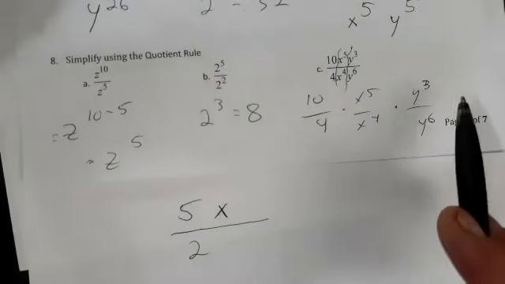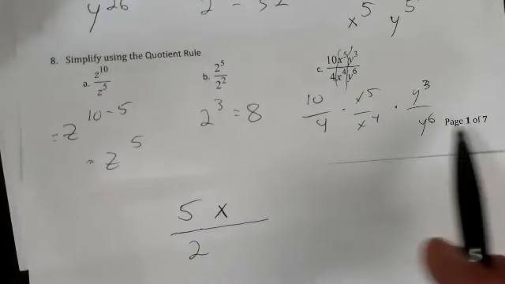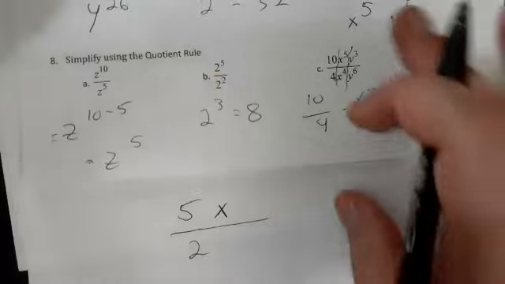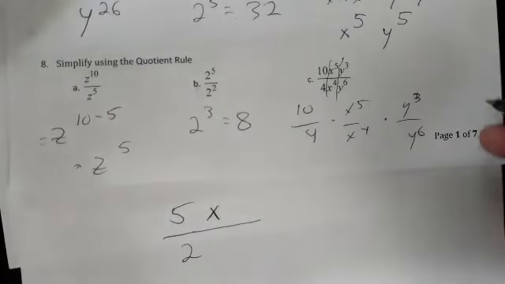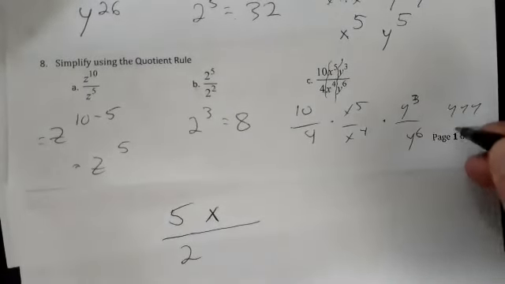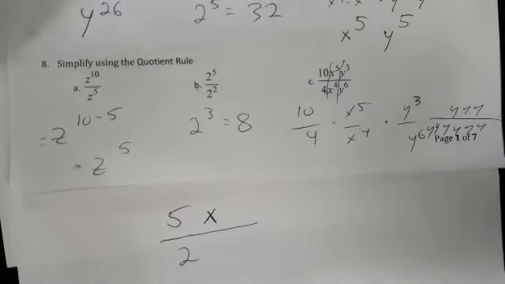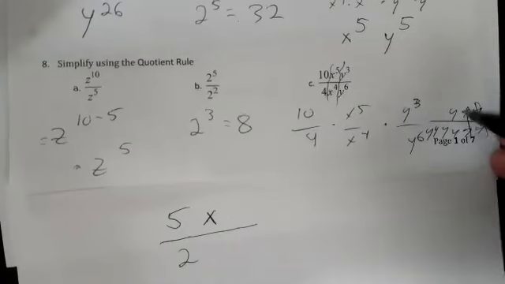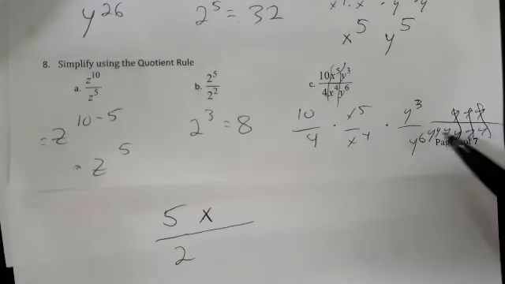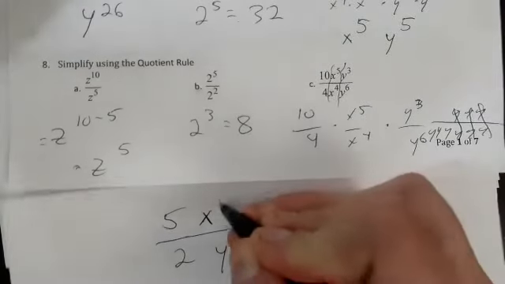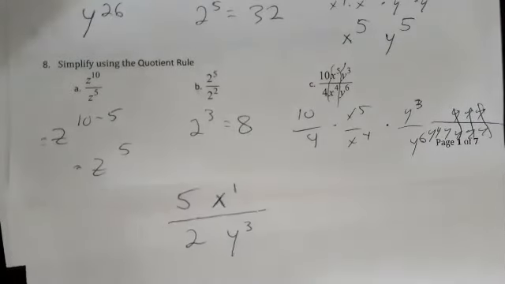And if I do the same thing for my y's, I can write out 6 y's on bottom and 3 y's on top. But if I do that, that's going to leave me with 3 y's. And it's important to notice that they are on the bottom. So I have 3 y's on bottom, I have 1 x on top.